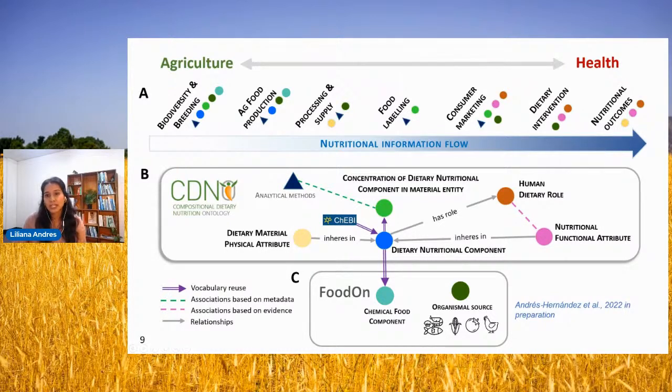And so we hope that CDNO provides a much better way to compare dietary nutritional information from different crops, and that hopefully will help to connect all the points, or at least show the principle of how and why ontologies can help to do this.